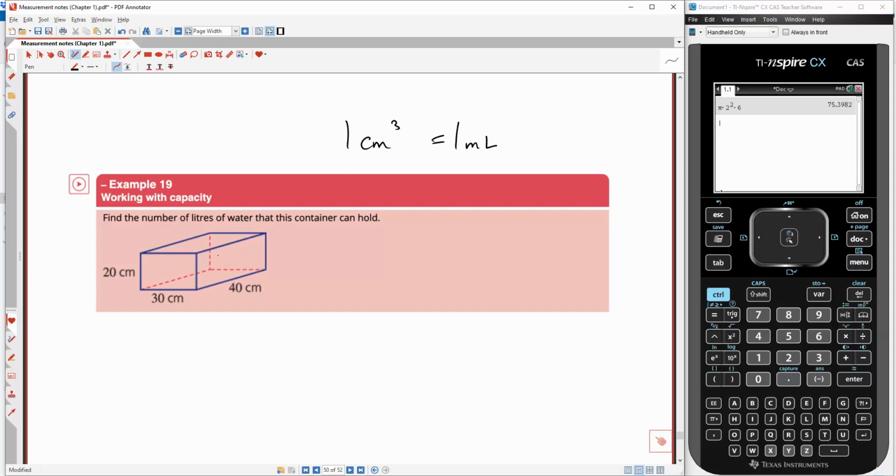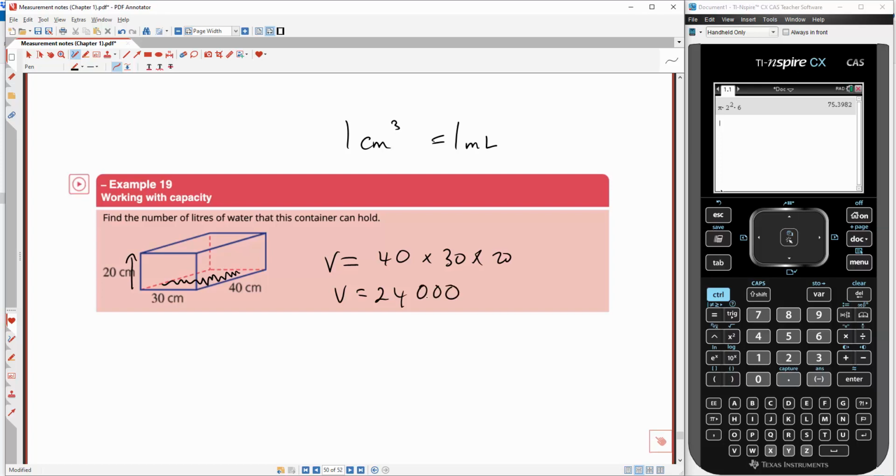So to do this, what I'm going to do first is work out the volume, which is going to be 40 times 30, so that's the area of the cross section at the bottom there, multiplied by the height. So that's 4 3s are 12, 24, with 3 zeros in there.